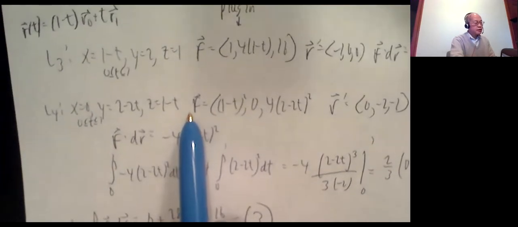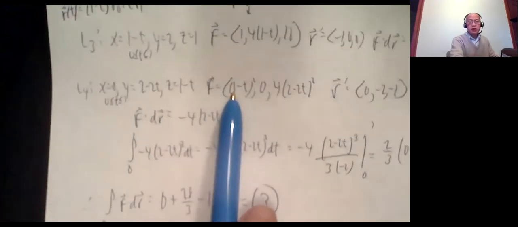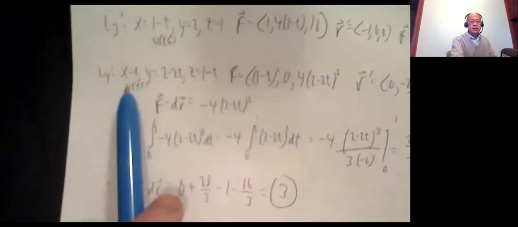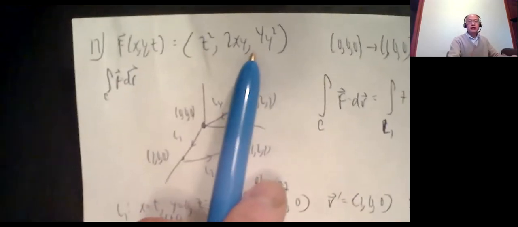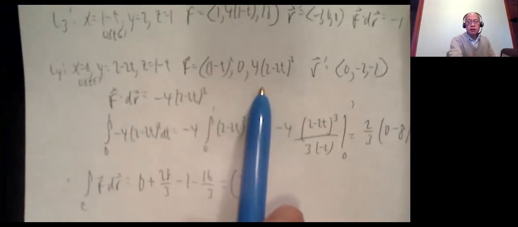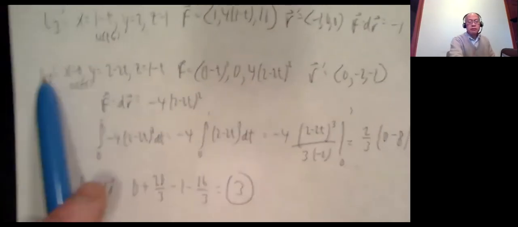Okay, and finally L4. So F is, plugging in, z squared is 1 minus t squared. 2xy, but x is 0, so that's nice, that's 0. And then 4y squared, 4 times 2 minus 2t squared. And now r prime.